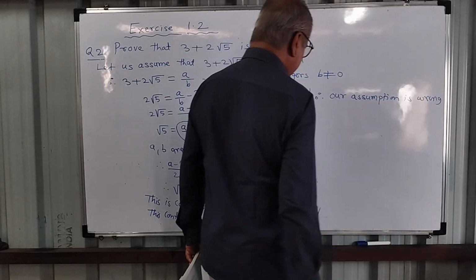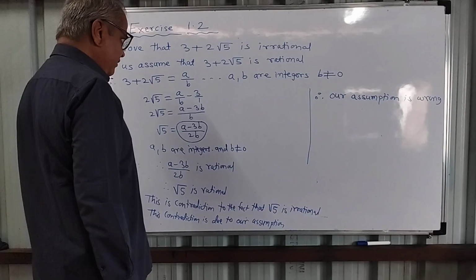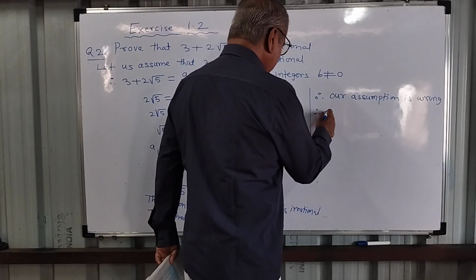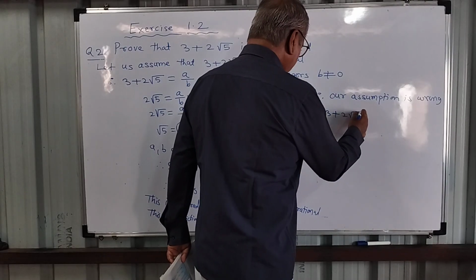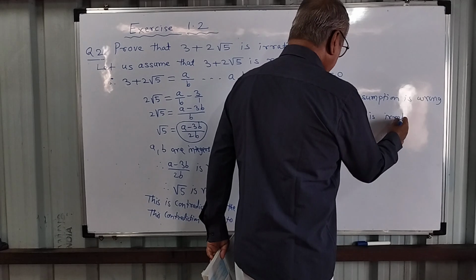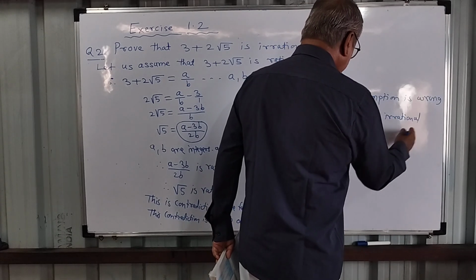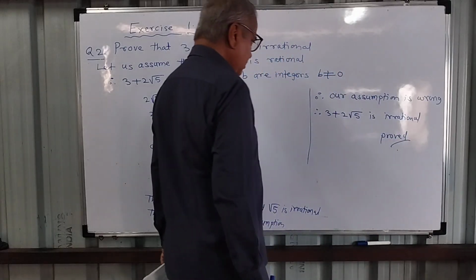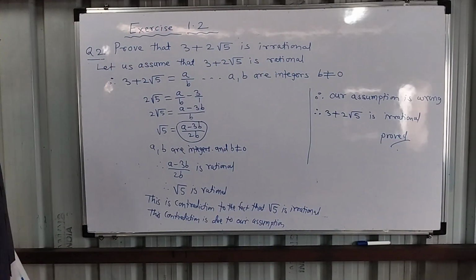What is our assumption? 3 plus 2 root 5 is rational, which is wrong. That's why we can say, therefore 3 plus 2 root 5 is irrational. Proved. So this question is for 2 marks.